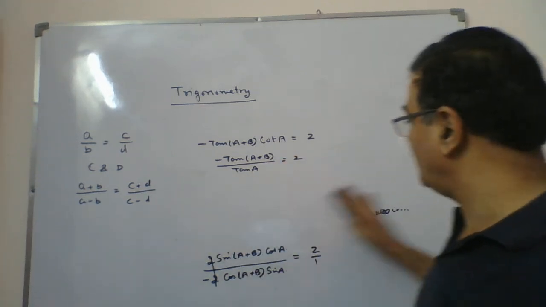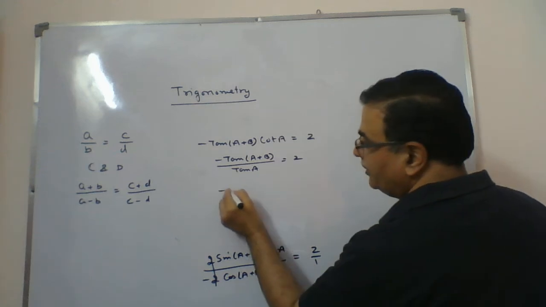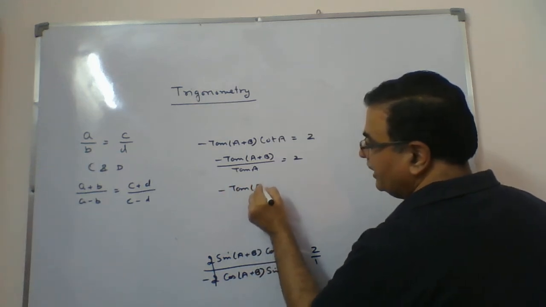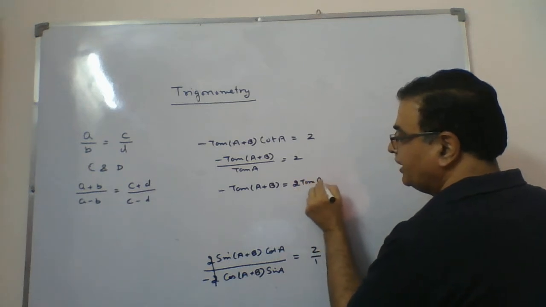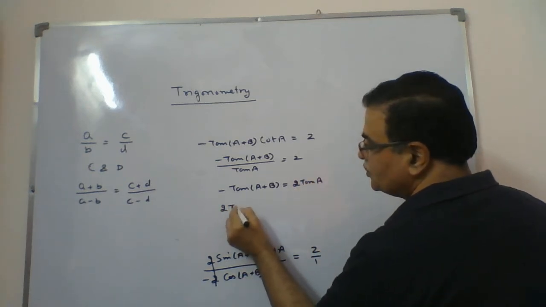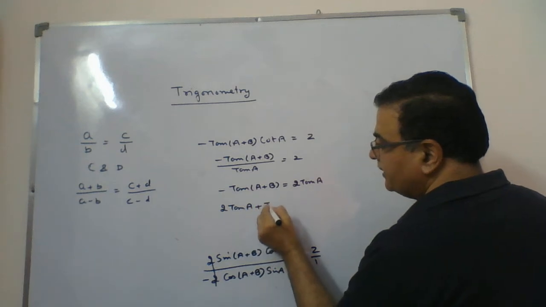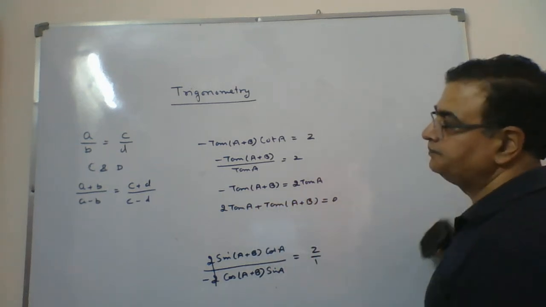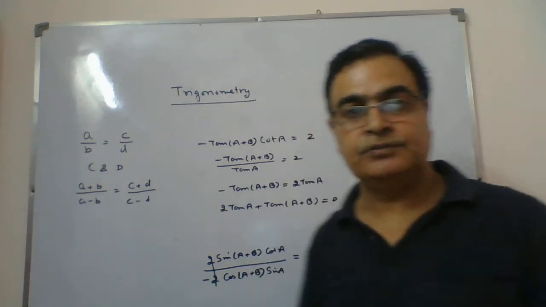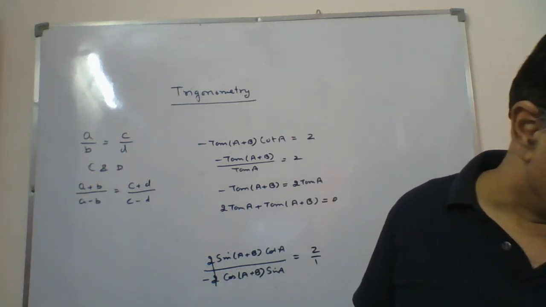And now when you solve it further, I got minus tan of a plus b comes out to be 2 tan of a, or my result will be 2 tan a plus tan of a plus b comes out to be 0. So this is the question we have. You can complete this question.